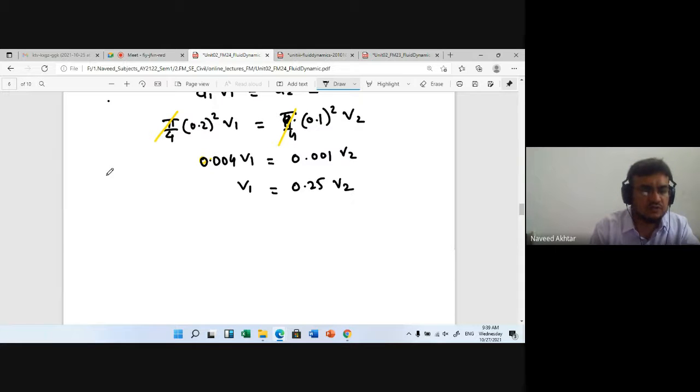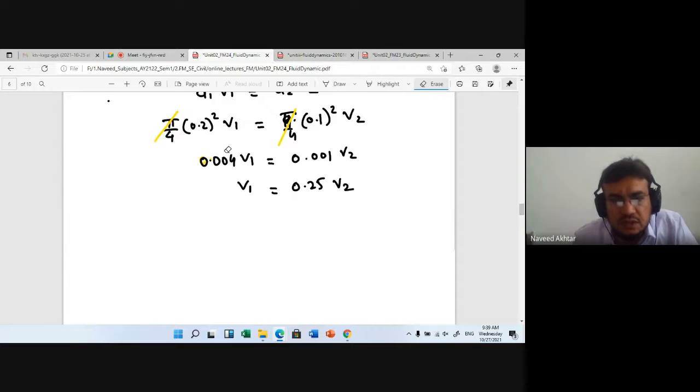Okay, 0.2 square is 0.04 and 0.1 square is 0.01.